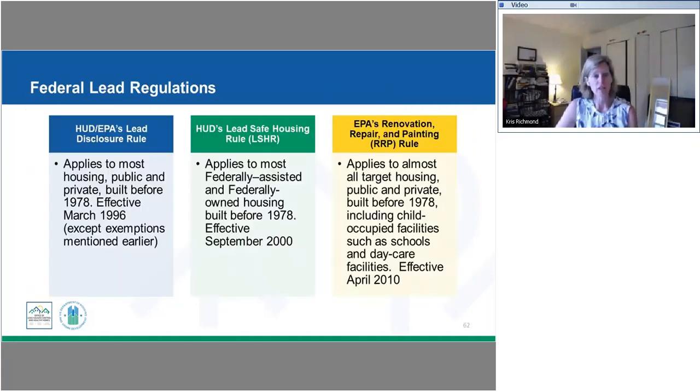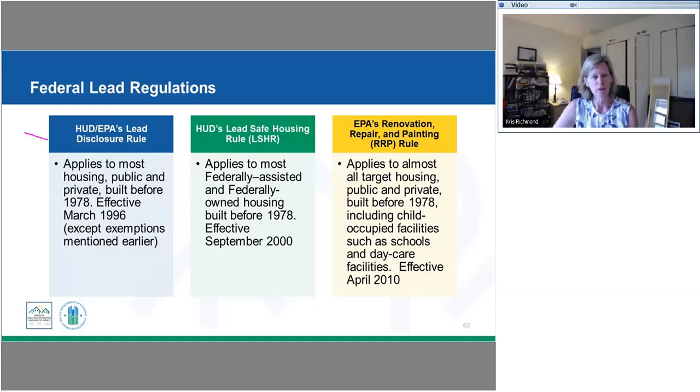We also showed you this slide last week as well, but as a refresher, remember we have our lead disclosure rule that needs to be followed. Now, for rehab, typically somebody already owns that, so we're not doing a disclosure right away.